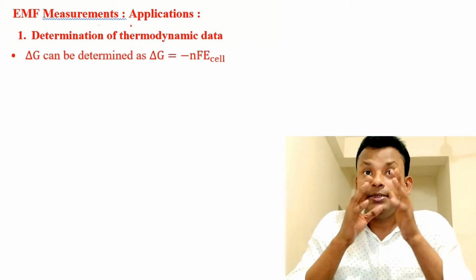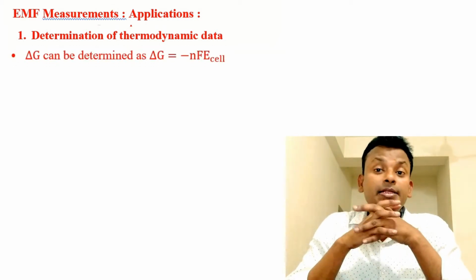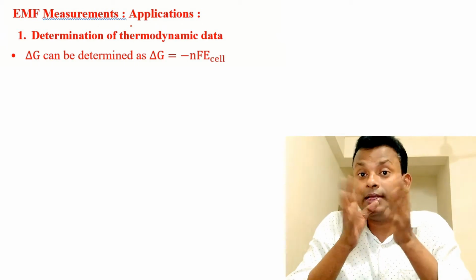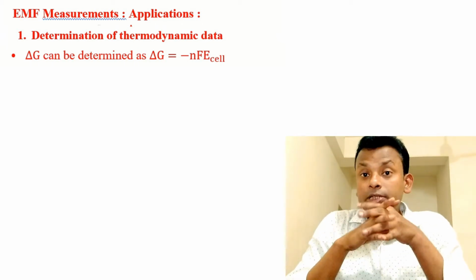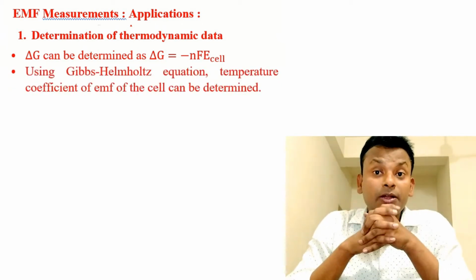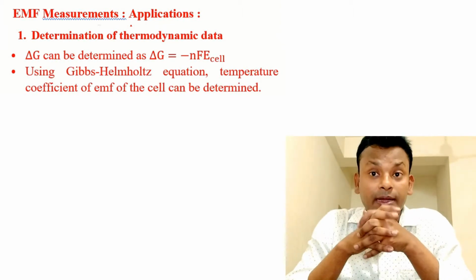Del G can be determined as del G equals minus nF E cell. Using the Gibbs-Helmholtz equation, the temperature coefficient of the cell can be determined.